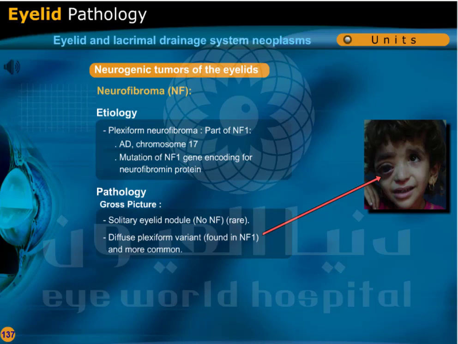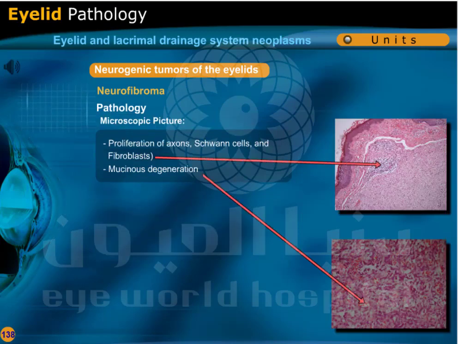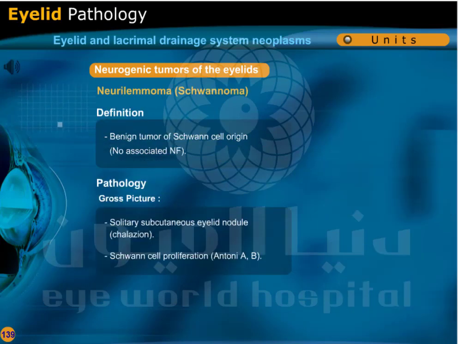It appears as a solitary eyelid nodule, which is rare, no NF, or diffuse plexiform variant found in NF1 and more common. Microscopically, there is proliferation of axons, Schwann cells, and fibroblasts, and there is mucinous degeneration.